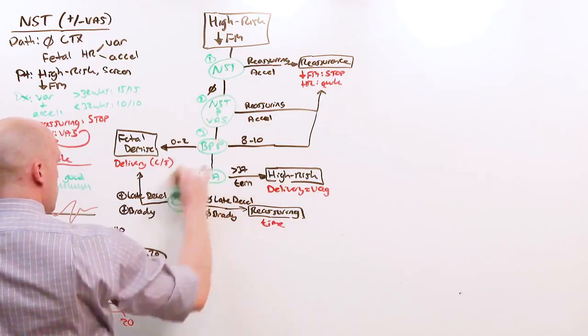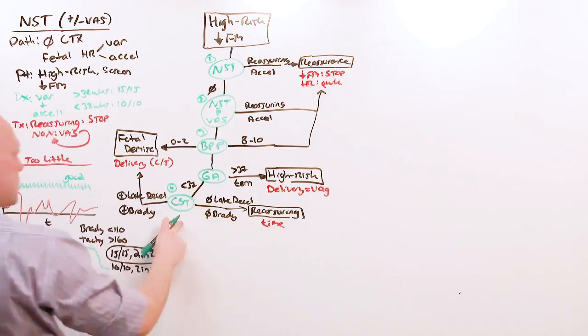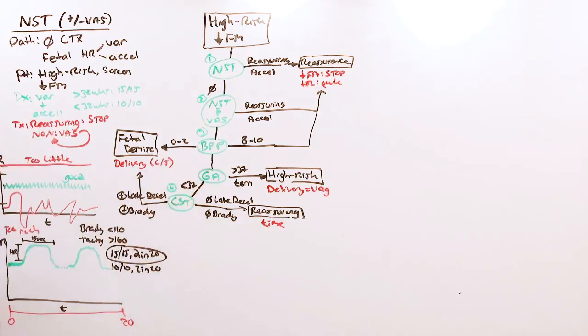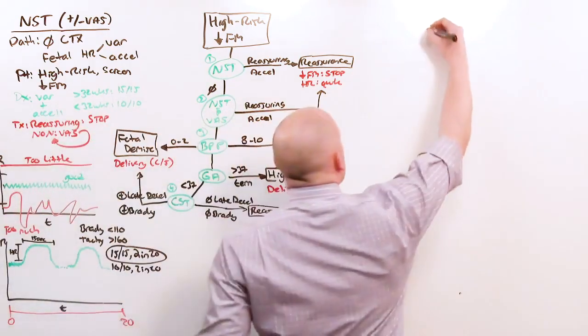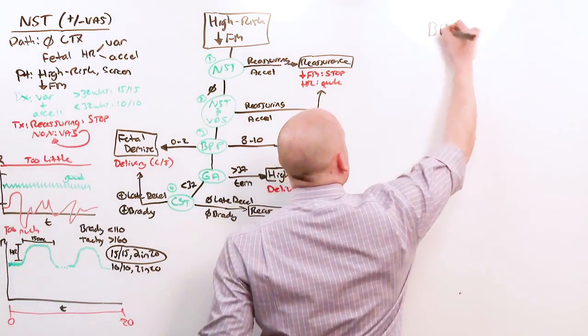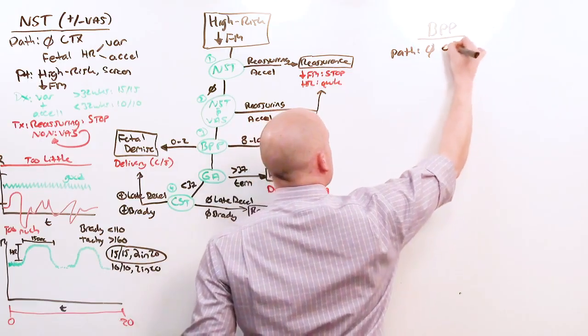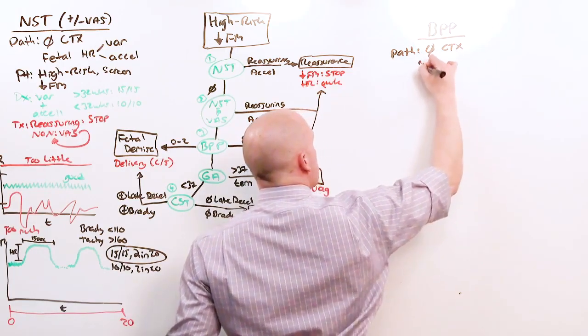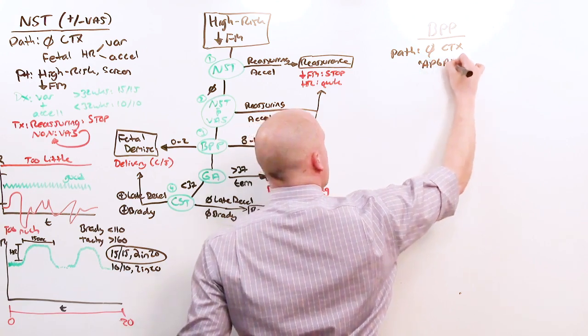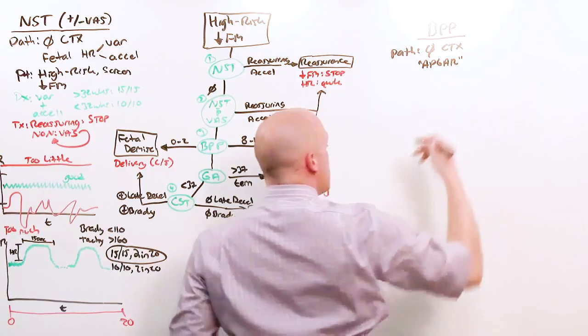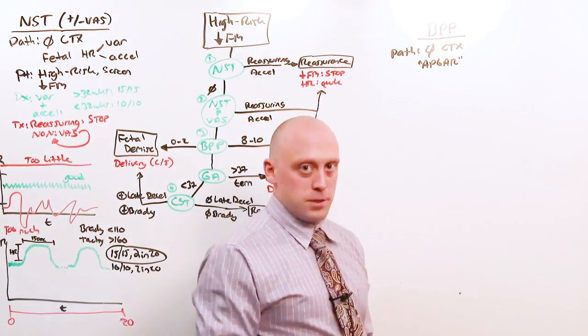The third is the biophysical profile, and the fourth is the contraction stress test. Let's talk about the biophysical profile next. The biophysical profile is also done without contractions. And it is effectively just like the APGAR score after delivery, but it uses different elements.